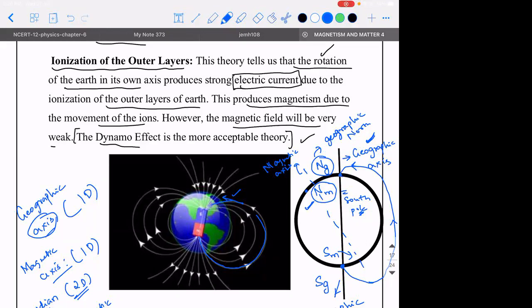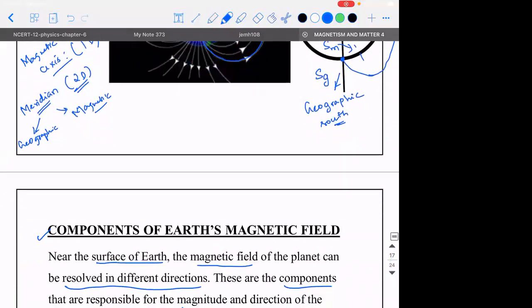That is what is observed. And when the magnetic axis is changing with respect to the geographic axis, you can find a small angle between them. That angle between the geographic axis and the magnetic axis is what is called magnetic declination or magnetic variation.